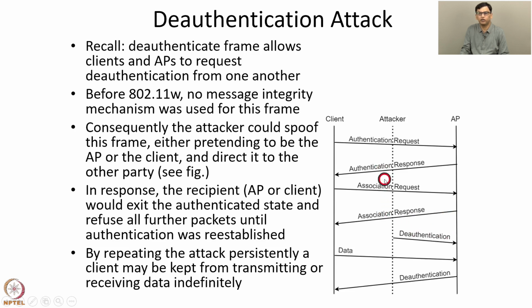This process keeps on repeating, and hence the client wastes much of its time just performing these authentication and association tasks. So there is not much time available for actually exchanging data packets. Hence this is an example of a denial of service attack. By repeatedly sending deauthentication packets, the attacker can prevent the communication of legitimate data packets between the client and the access point.